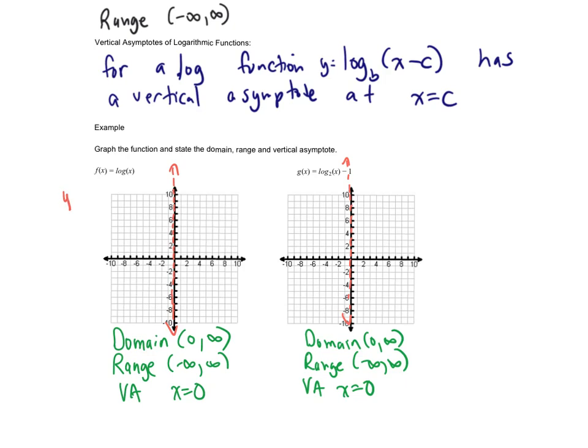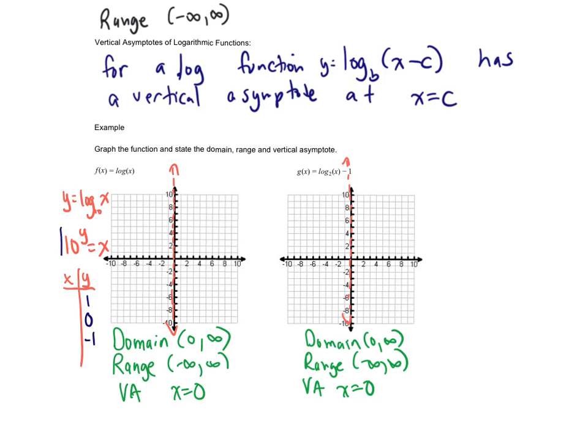So I'm going to rewrite this as y equals log of x. Now, there's no base, so remember, if there's no base, it's 10, unless it's an ln, and then it's the base of e. If I rewrite this in exponential form, it's 10 to the y equals x. So a really easy way to graph these is instead of picking the x values like we typically do, if we pick some y values like 1, 0, -1, then we can find the x value for that.